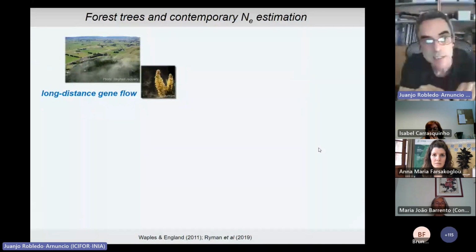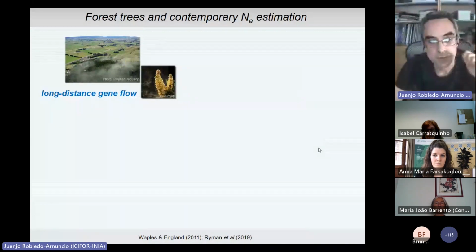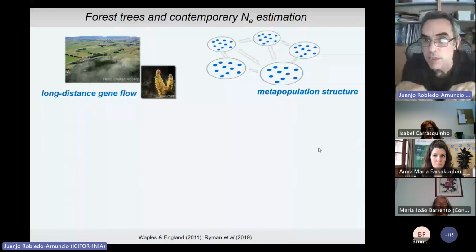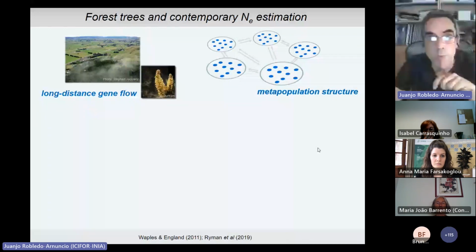So now I will discuss some practical issues specifically related to the demography of trees. As you know, trees frequently have very long distance gene flow, which means that the genotypic distribution over a metapopulation is not only affected by drift, but also by gene exchange among populations that are potentially genetically divergent.